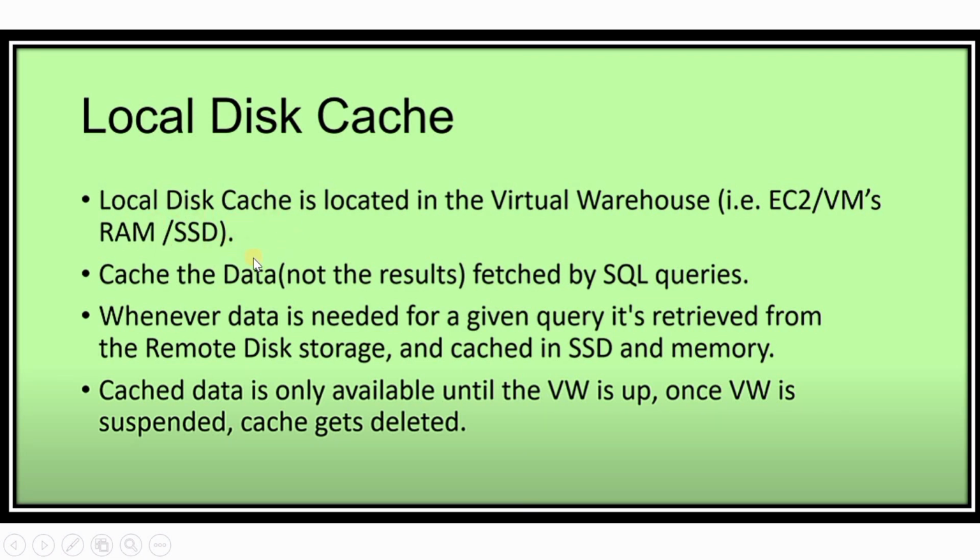But here, when you fire select asterisk from table, the first time it will fetch the data from the storage layer, that is the remote disk, and it will store the records in the local disk cache.